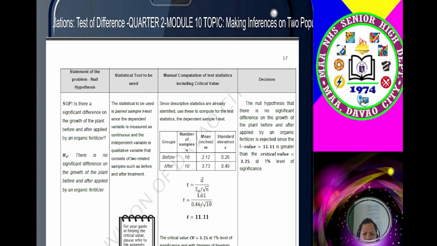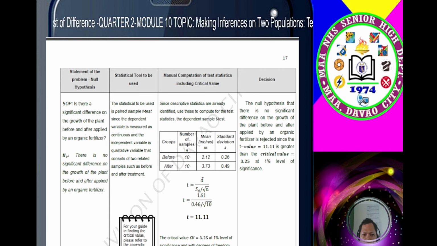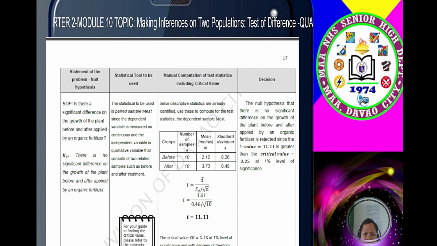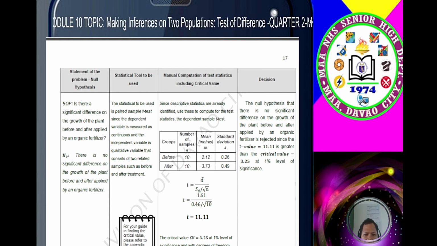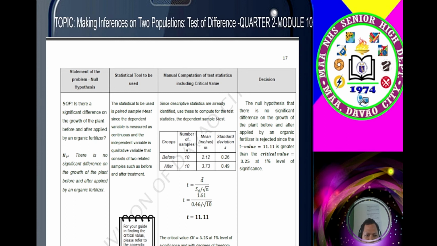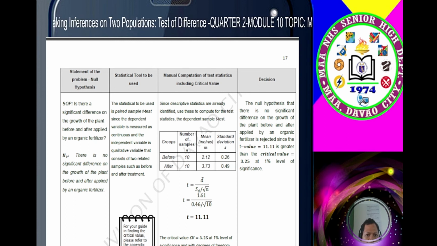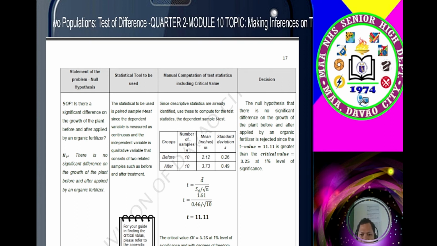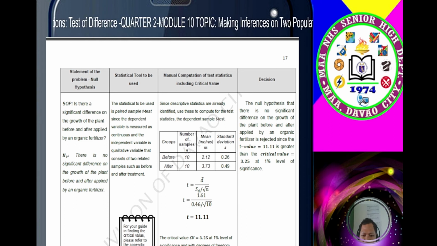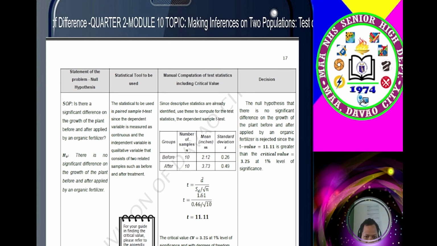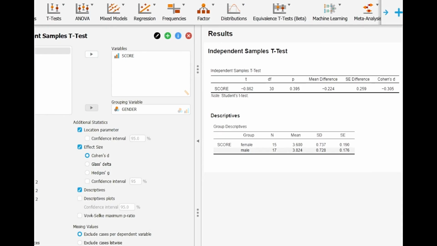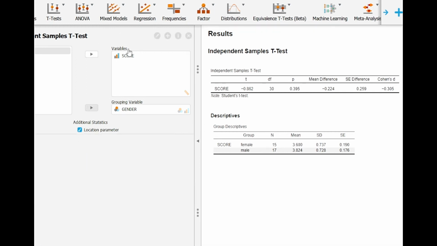Same procedure, you need to type it in CSV, then save it as a CSV file. It's still loading, so I will now open JAS. Let's wait for JAS to load.